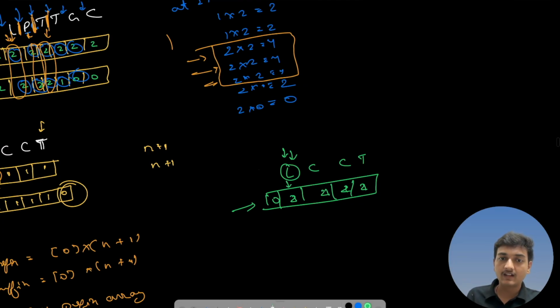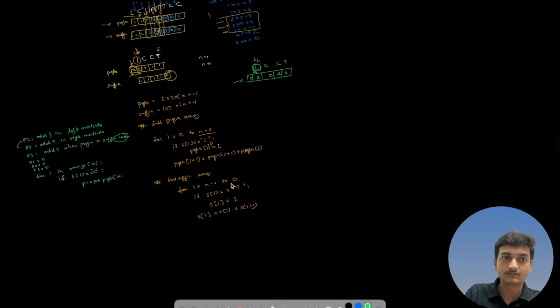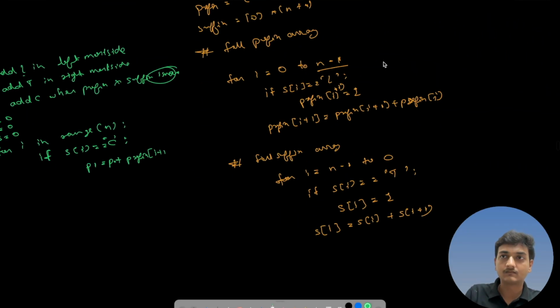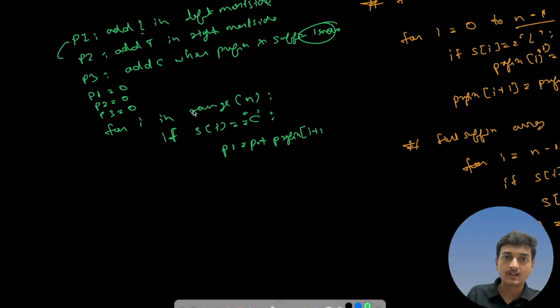When we were here, we were accessing i plus 1 at the index. Now, while accessing prefix i plus 1, I will be adding a 1 here. I will be a little optimal here. So this was my plan 1.